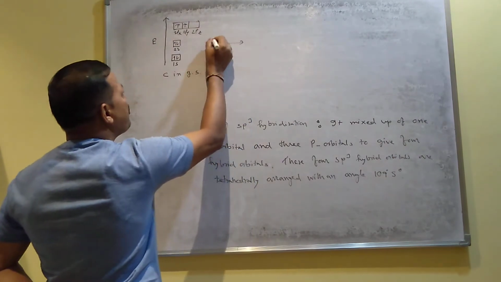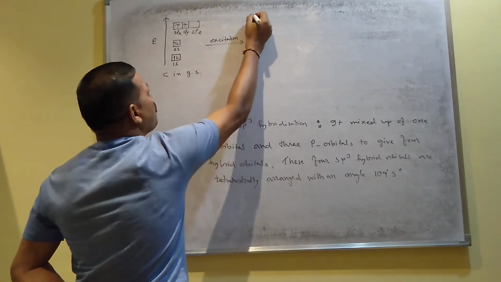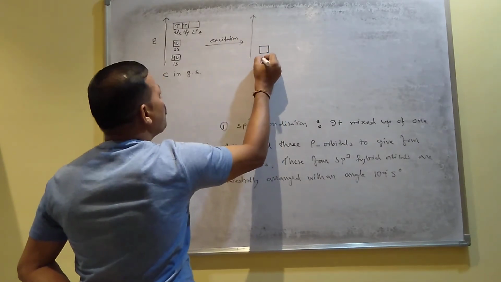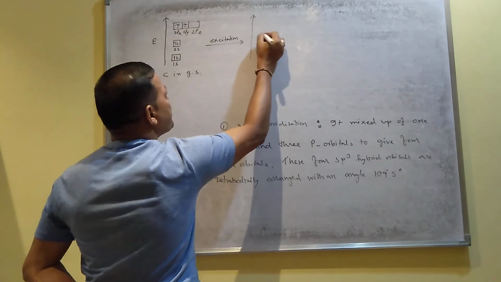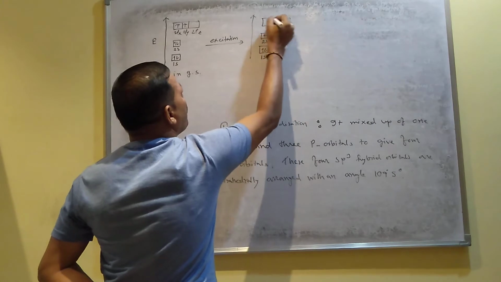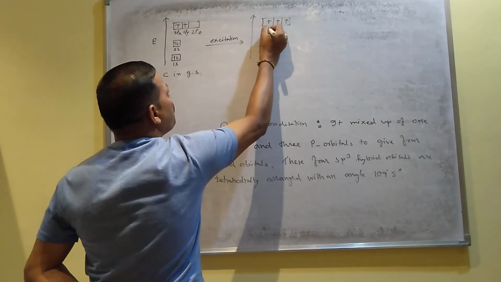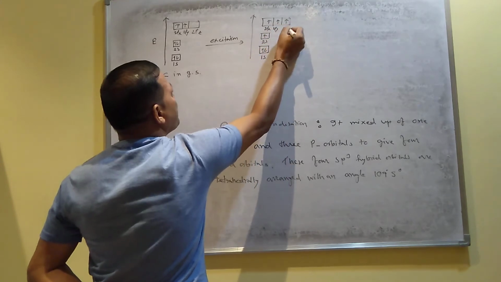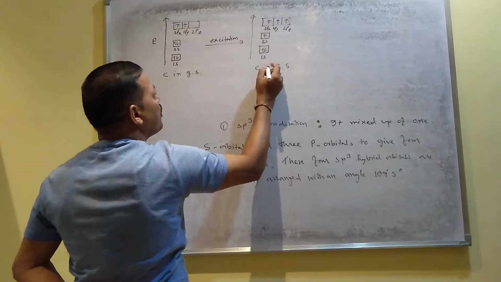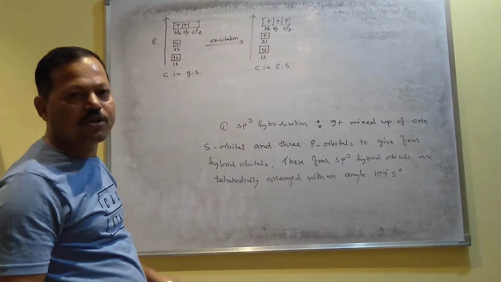After that it undergoes excitation. After excitation, one electron will jump from 2s to 2pz. 1s will remain the same. 2s now contains 1 electron and 2p now has 3 electrons: 2px1, 2py1, 2pz1. This is called carbon in excited state.